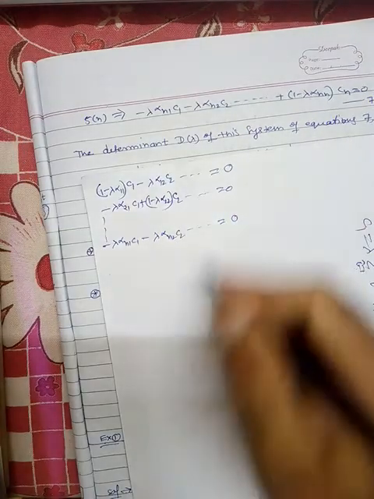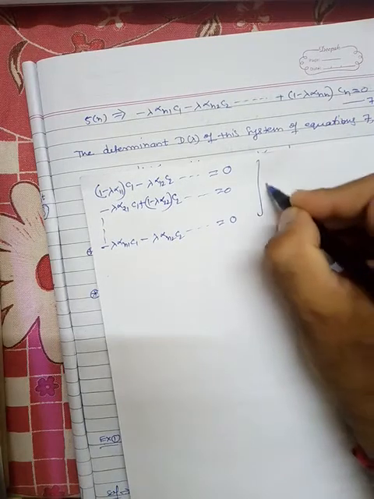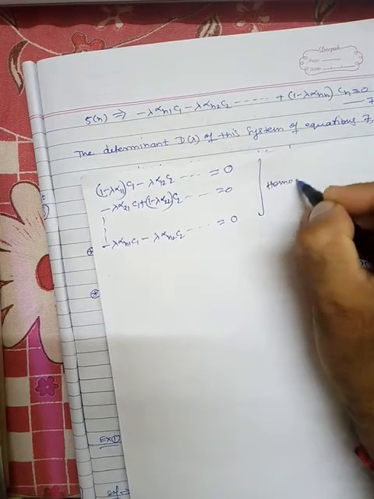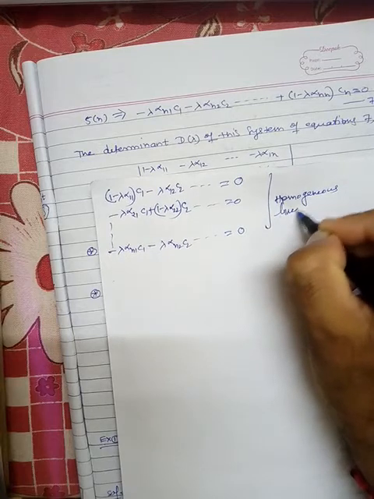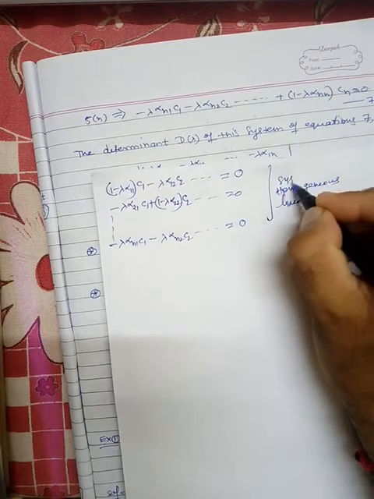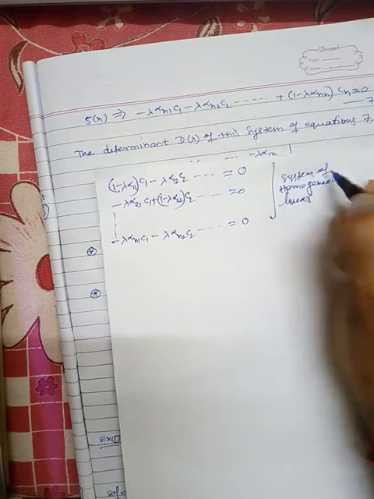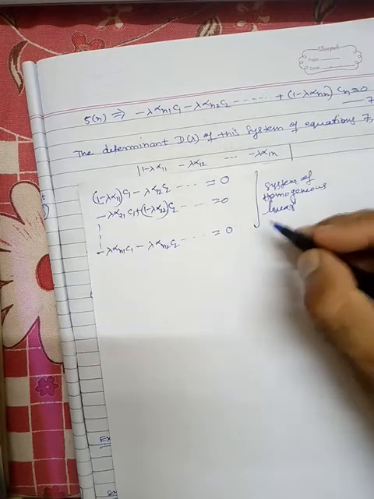Fine, last equation. So this is a homogeneous linear system of homogeneous linear equations.